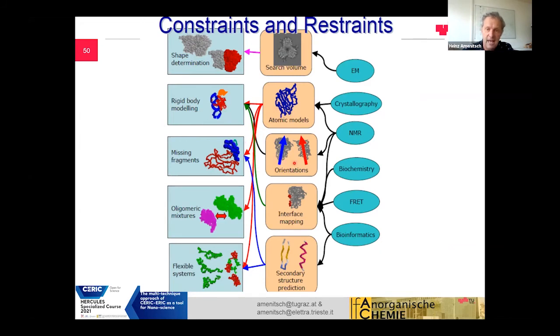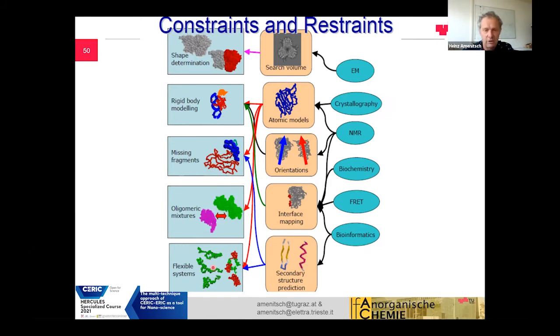You can also add missing fragments. You have some parts known, some parts are missing, so you can add the missing fragments to the known part. You know where certain parts of proteins are interacting. This is also limiting the solutions. This is also very important for rigid body modeling, when you know where another body has to attach.